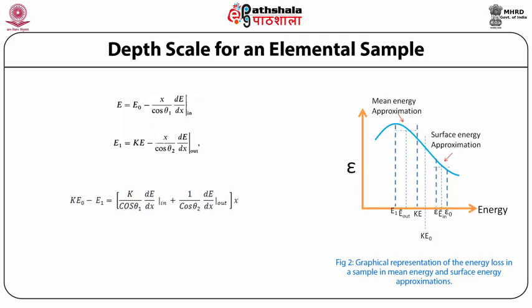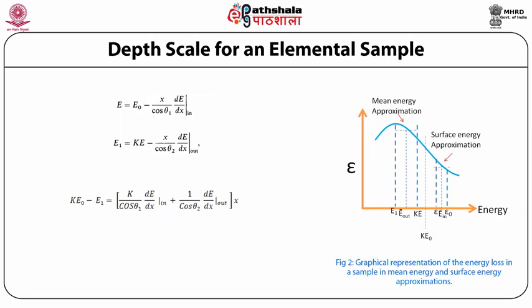The two integrals can be written as E = E0 - x/cos θ1 (dE/dx)in, and E1 = KE - x/cos θ2 (dE/dx)out, where the subscripts in and out refer to the constant values of dE/dx along the inward and outward paths.